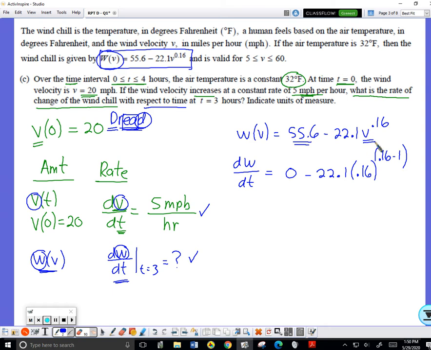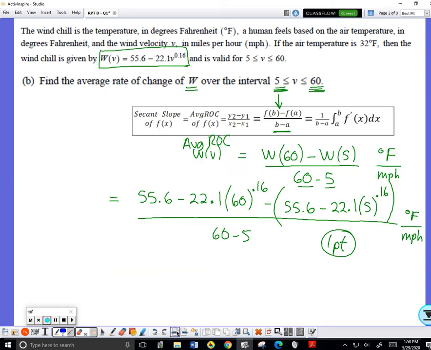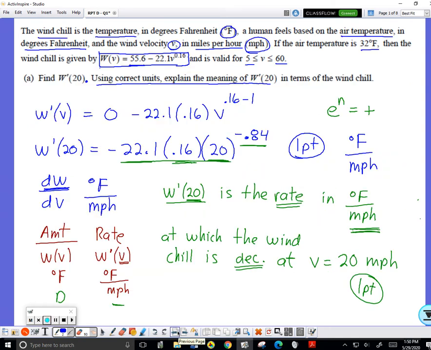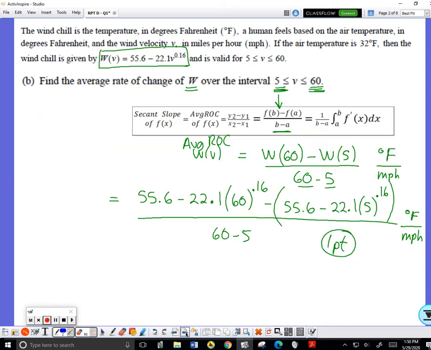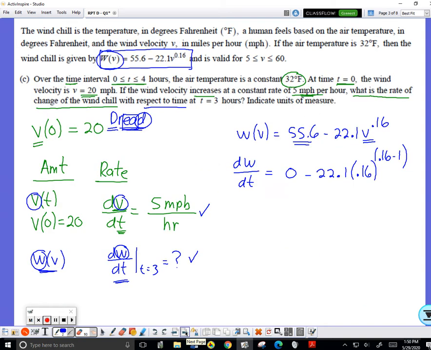Now, because previously in part A, we were taking the derivative with respect to an input variable of v, over here we would have ended with a dv over dv, which is equal to 1. Here we're taking the derivative with respect to time. So when we take the derivative of the v, we get a dv over dt.